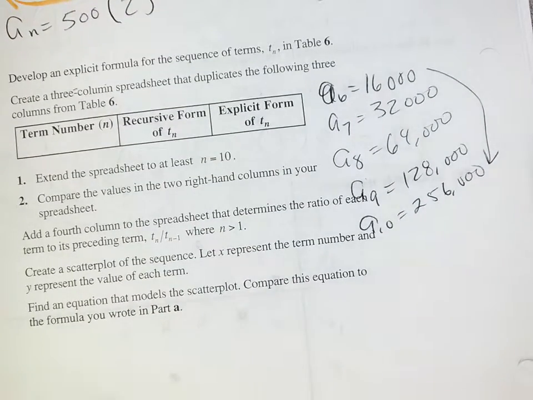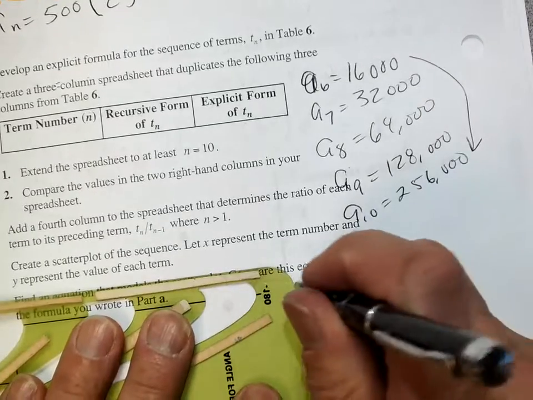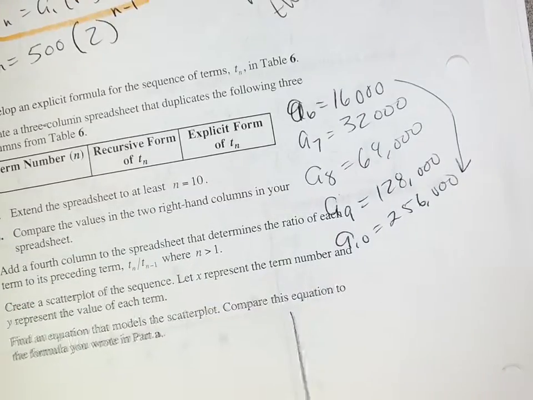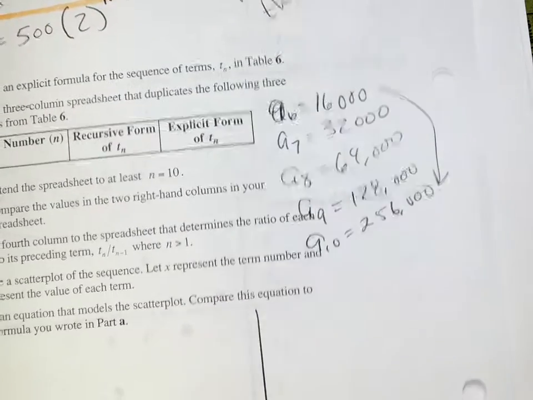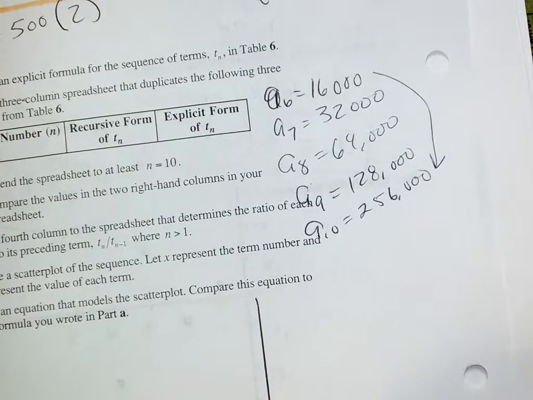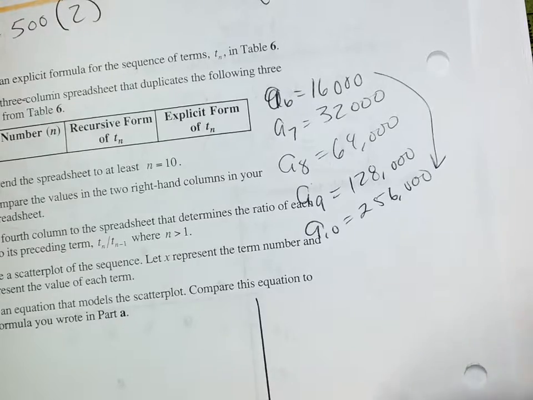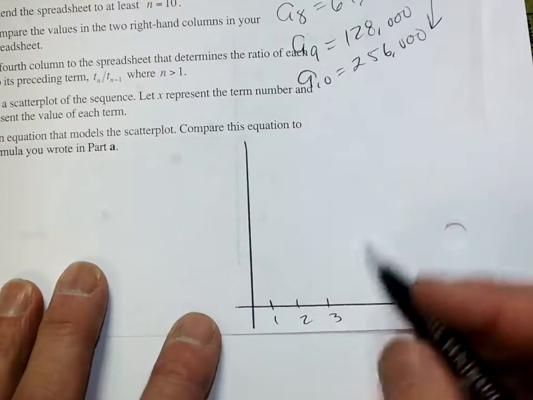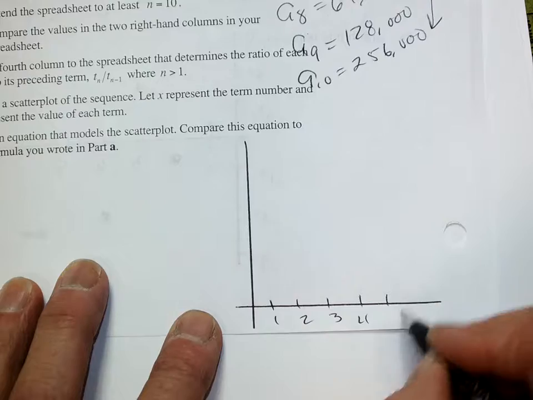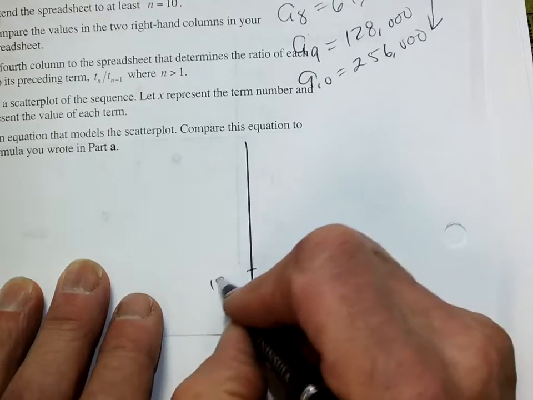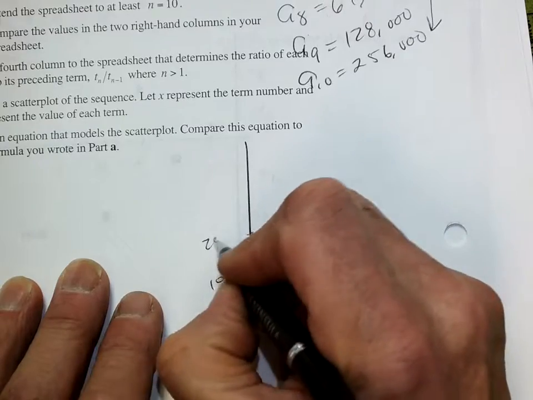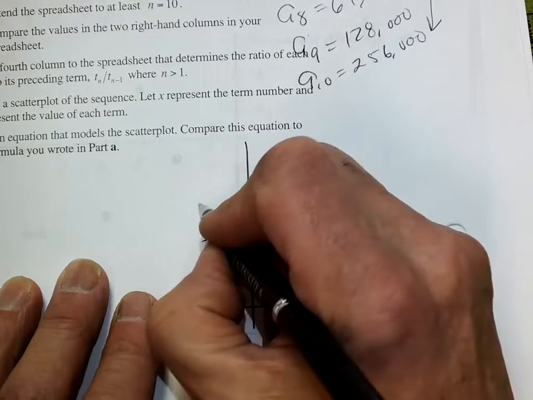Scatter plot. I'm only going to do a few of these because it's too big. 1, 2, 3, 4. Let's go first 5. First term, let's go 1,000, 2,000. I'm probably still going to be way off. 3,000.